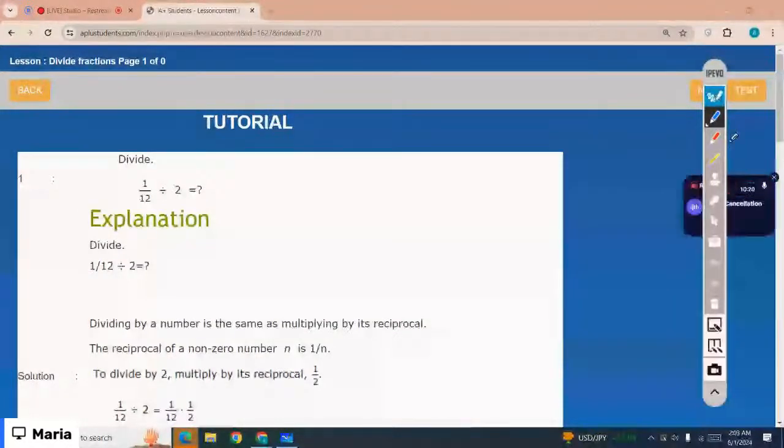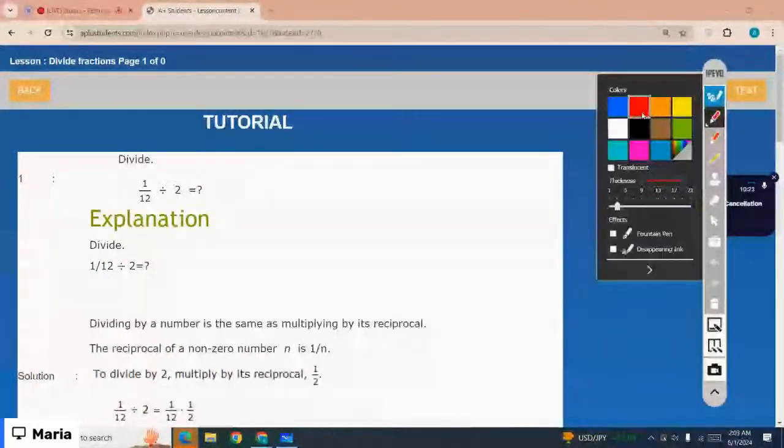So how do we divide? When we are dividing, you have to change the division sign to multiplication, right? You need to change that division sign to multiplication, and you have to take the reciprocal of the term that is after the division sign.